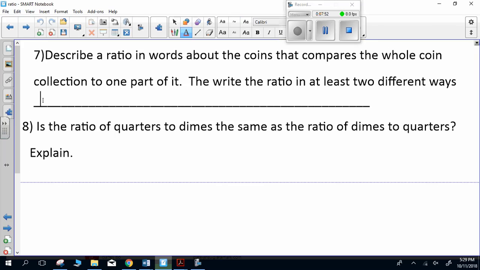This one is on your own. Come up with something that compares the whole collection to part of it. And then the last question is, is the ratio of quarters to dimes the same as the ratio of dimes to quarters? You have to work that one out, and that's another on your own question.